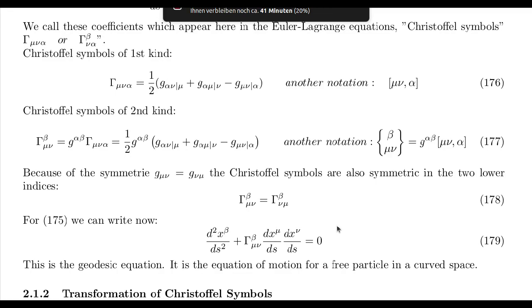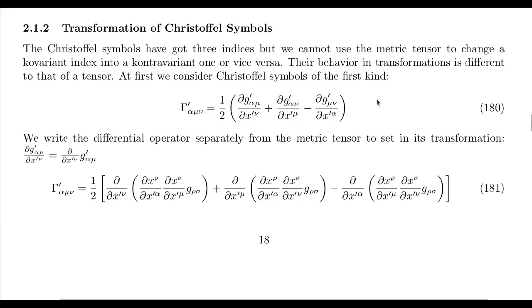We seldom use the Christoffel symbols of the first kind, I would say. Okay. And then if we substitute now here, we get this equation 179. This is the so-called geodesic equation. It is the equation of motion for a free particle in a curved Riemannian space.